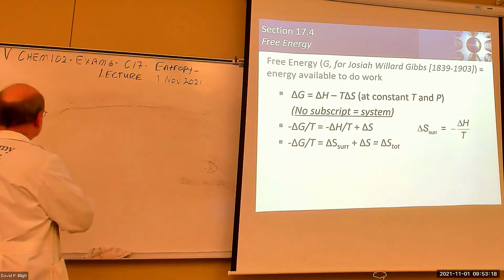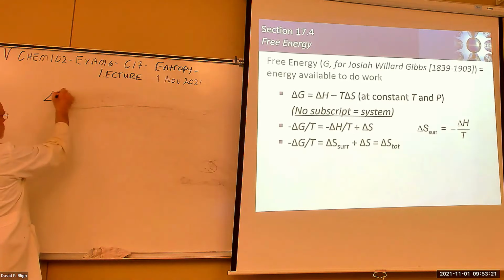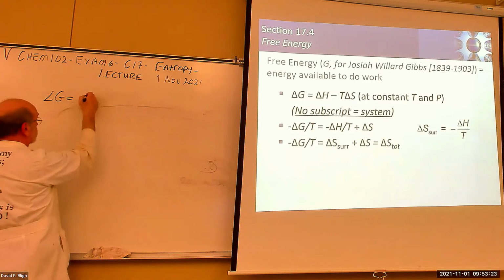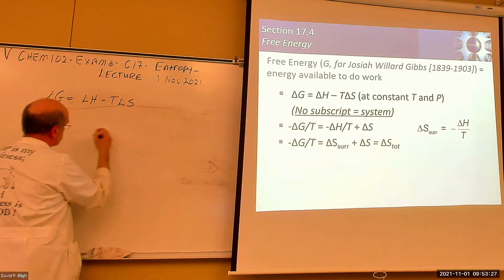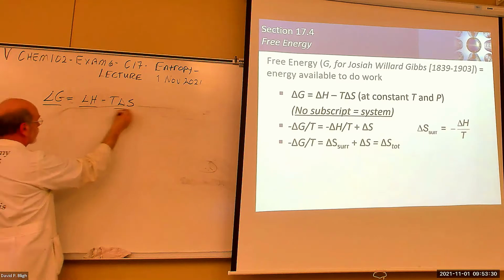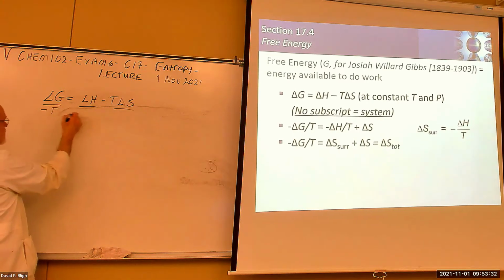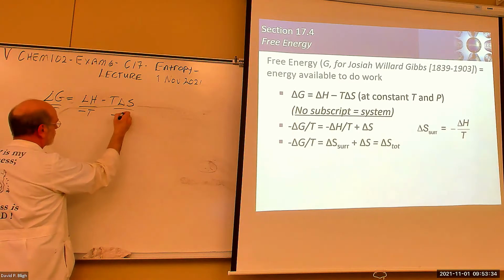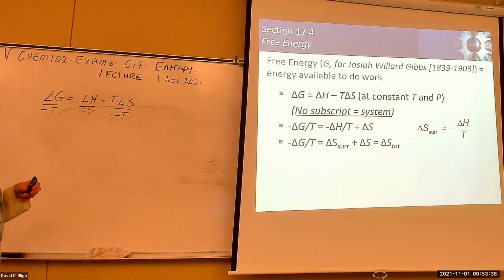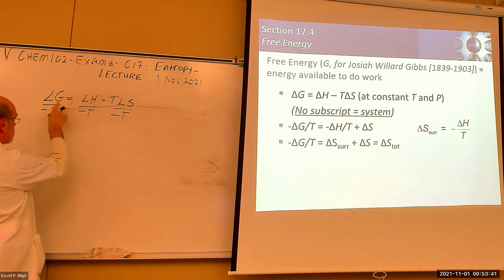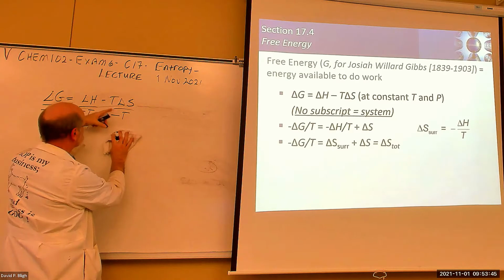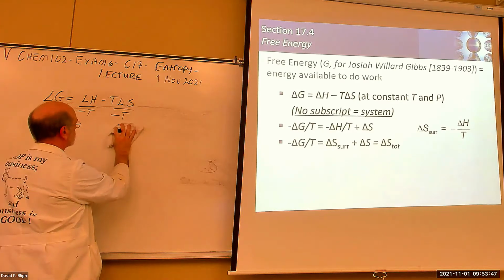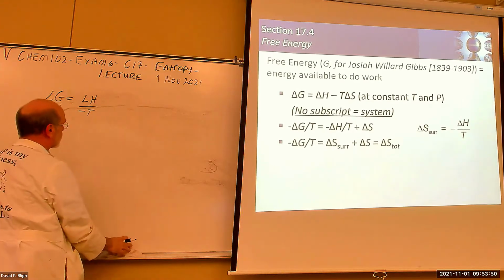Let's do it like this. I think you can follow along, and I'll be able to follow it myself if I do it like this. Minus T delta S. So we're going to divide everything through by minus T. Okay, we can do that. That's mathematically allowed. So now we get this one, that one, and this one cancels the T's and makes this one positive. So this now is a positive delta S.